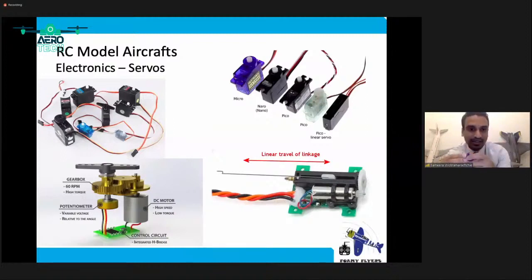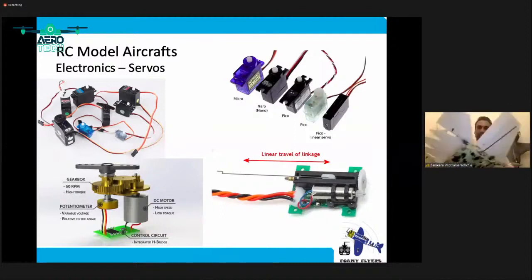The other thing is, the reason I have the internals of the servo on this picture is that you can have servos which have gearboxes made out of metal as well. When you have metal gearboxes, you can have more torque on those servos. For example, I have this KT build aircraft here.